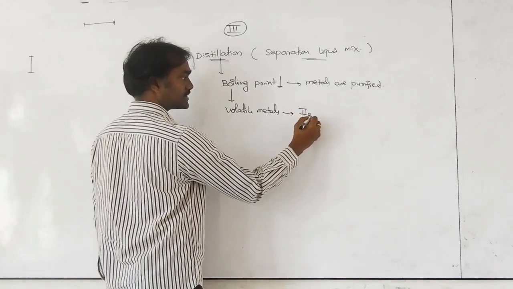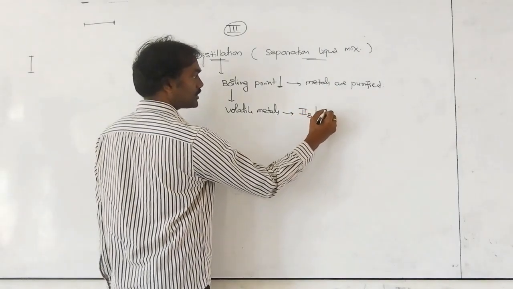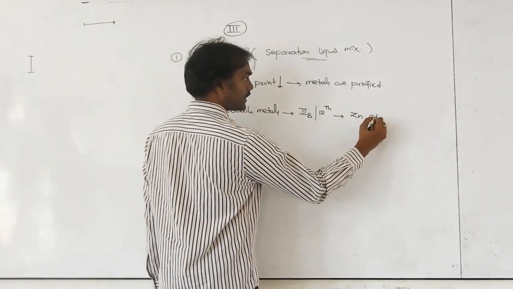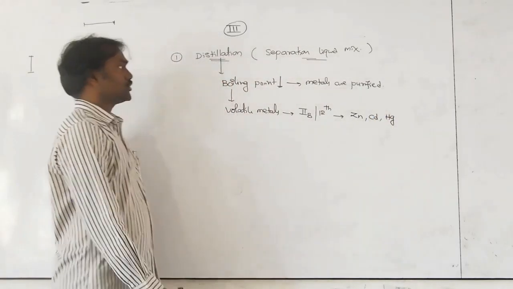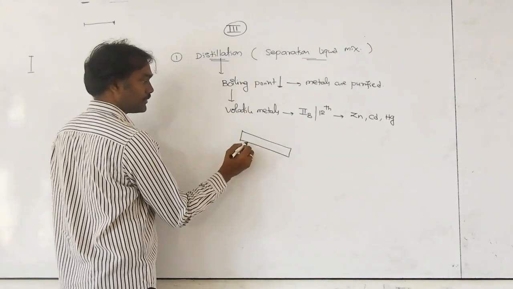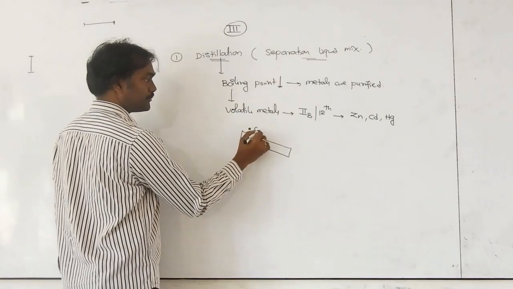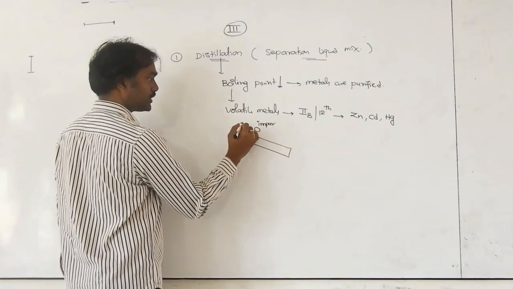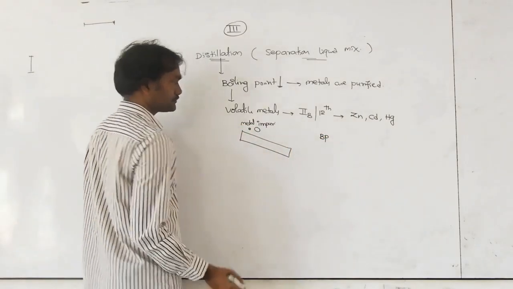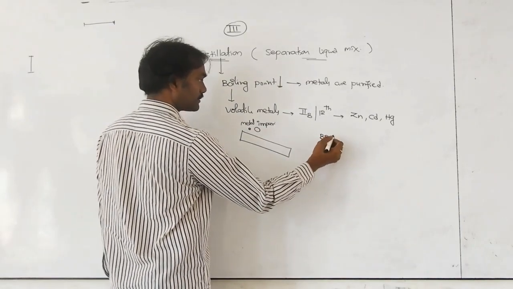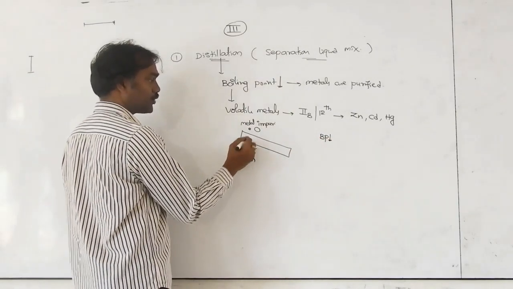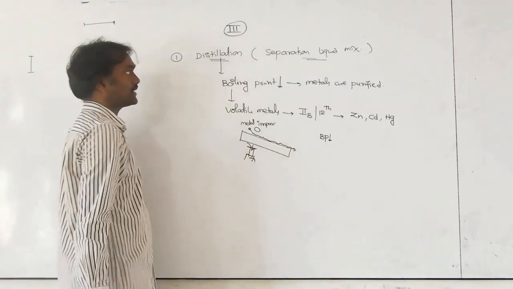In your d-block elements, group 2B, otherwise 12th group: zinc, cadmium, mercury. We take a slanting table of metal and impurities, with boiling point or melting point. We heat it, and those with the least melting point melt easily and come out.